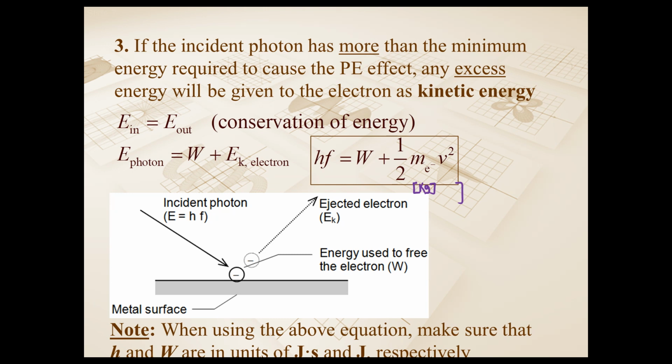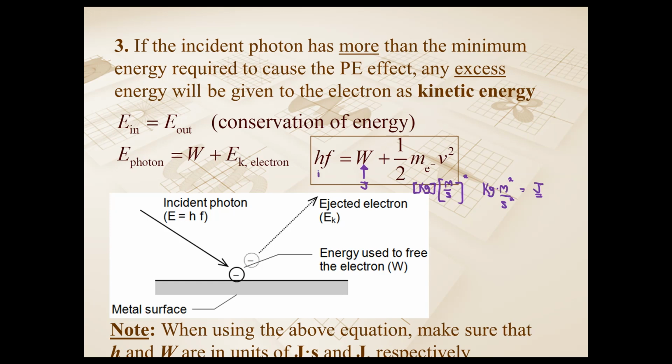Okay, so let's go back to this. Meters per second all squared gives me kilograms times meters squared per second squared. A kilogram times a meter squared per second squared is a joule. It is not an electron volt, which means that when you're playing around with this equation, you need to make sure the work function is in joules. Therefore, if a problem gives it to you in electron volts, you need to convert it.